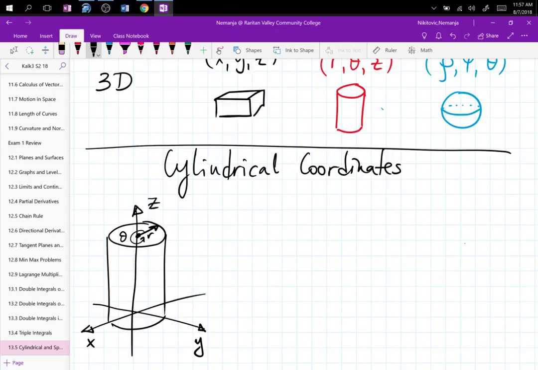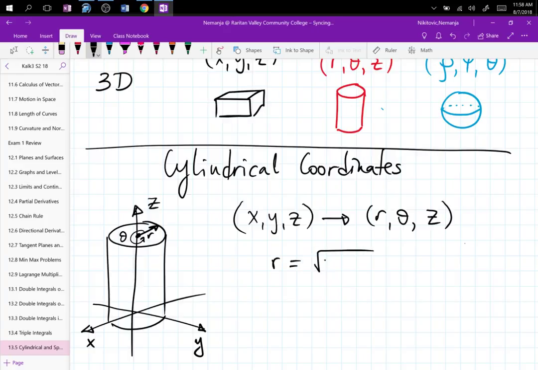Nothing different. All of the conversions between polar and rectangular are the same in this case. So you have x, y, z and convert into r, theta, z by using the standard conversions, where r is equal to the square root of x squared plus y squared, theta is the inverse tangent of y over x, and z equals z.